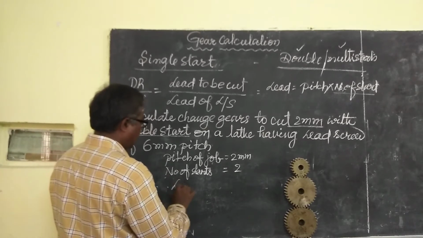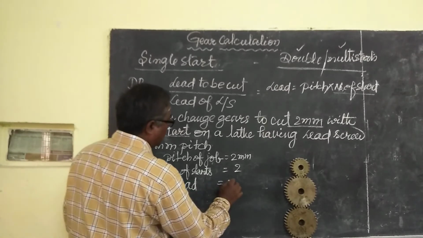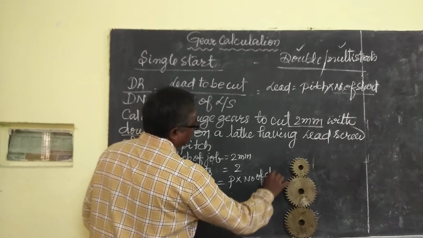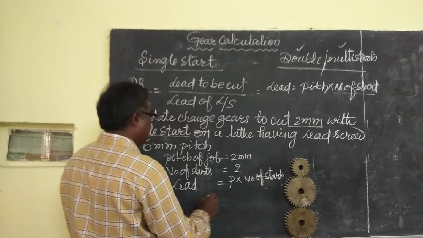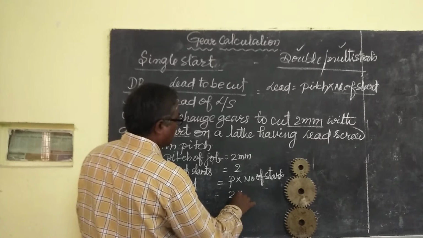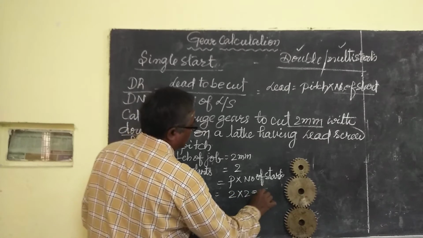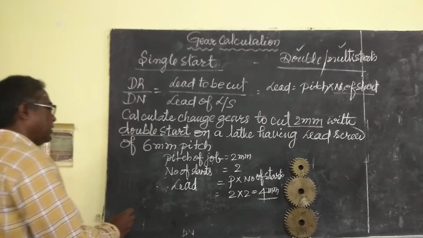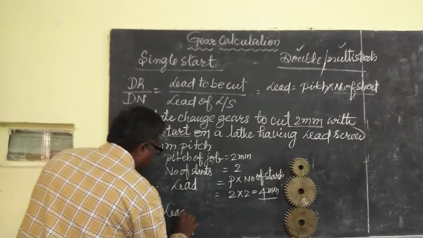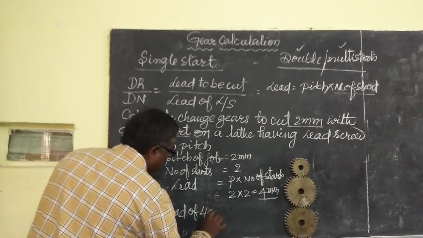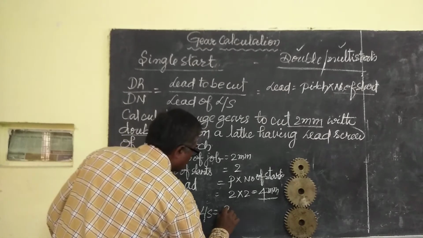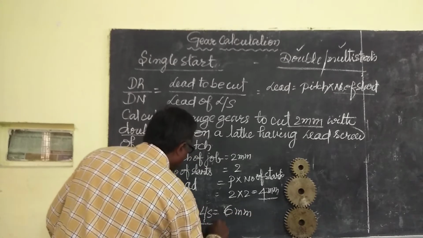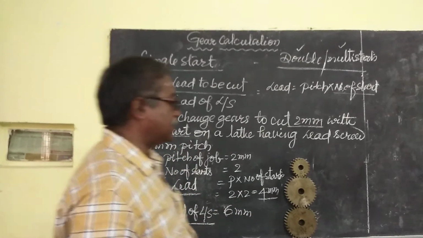Therefore, lead is equal to pitch into number of starts, 2 into 2, that is equal to 4 mm. Lead is equal to 4 mm. Then lead of lead screw is equal to 6 mm pitch. With these two we need to find the change gears.